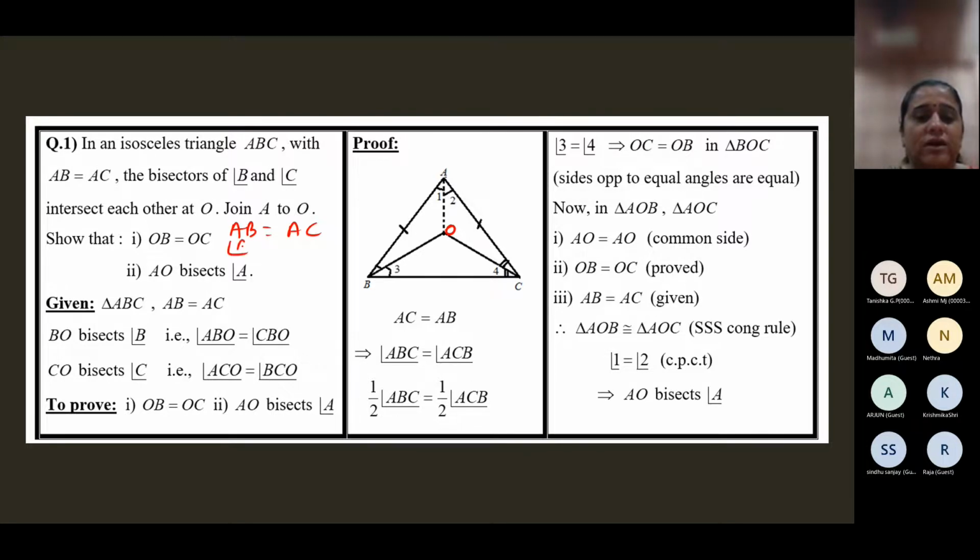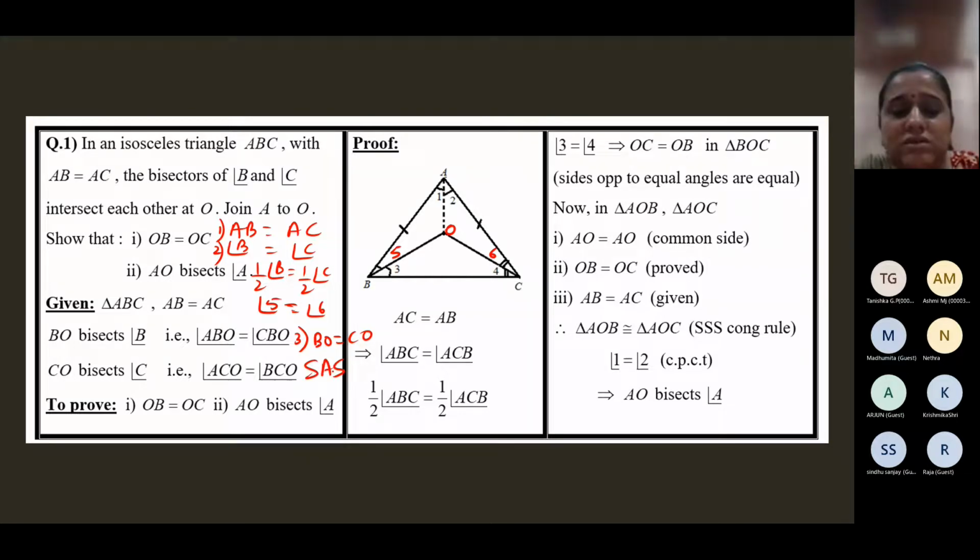Angle B is equal to angle C, so half of angle B is equal to half of angle C. Let's mark it 5 and 6, so angle 5 is equal to angle 6. This is the second one. And the third one is BO is equal to CO. This will make the SAS rule, two sides and the included angle.